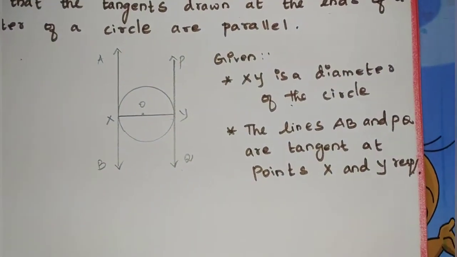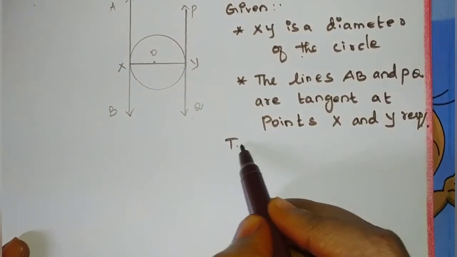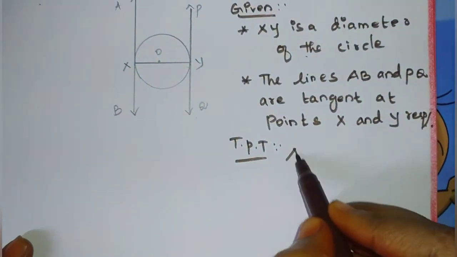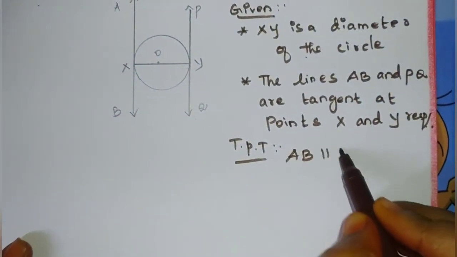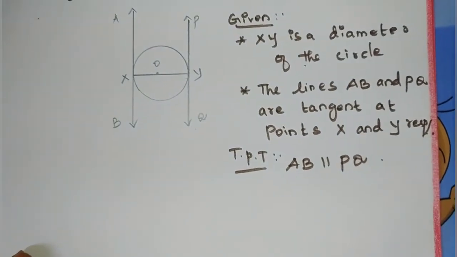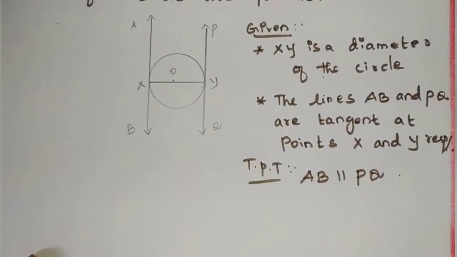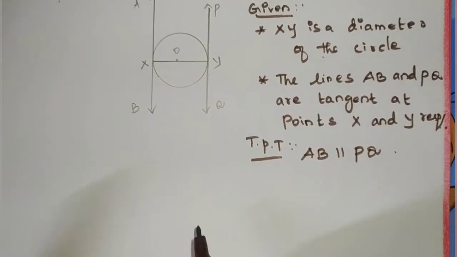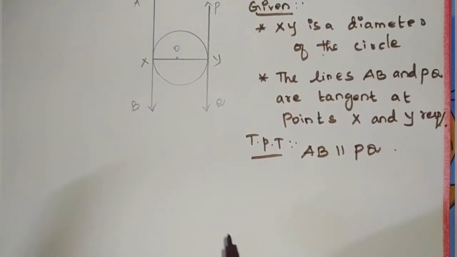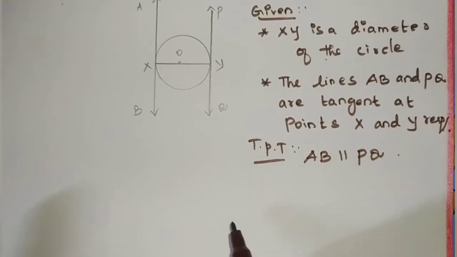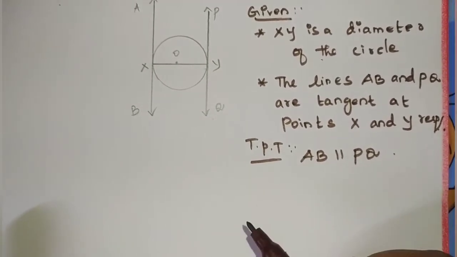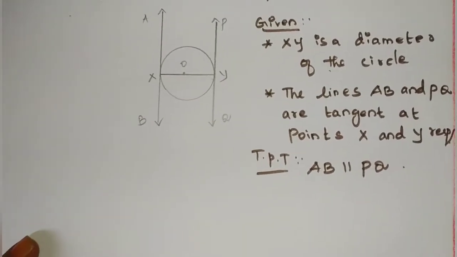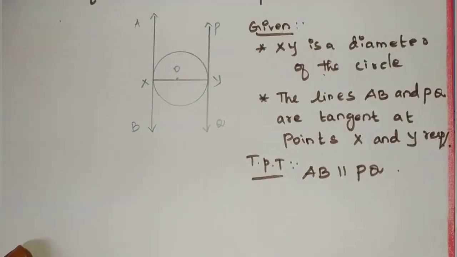Clear, children? Now, what we have to prove? We have to prove that AB is parallel to PQ. When we can tell the two lines are parallel, what conditions do we have? Alternate interior angles are equal, alternate exterior angles are equal, and corresponding angles are equal. Everything we can tell, no?